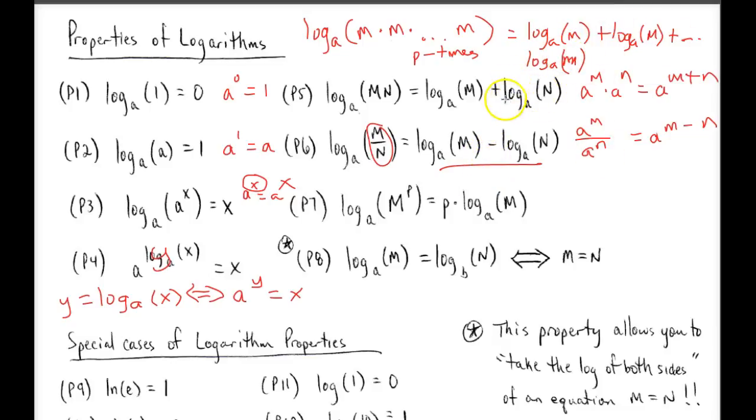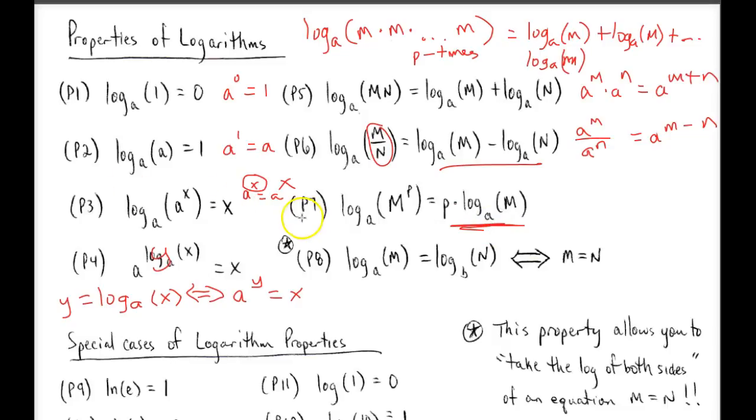We know the definition of multiplication is just repetitive addition. So if we're adding log base a of m to itself p times, then that ends up being p times log base a of m. So that's where that actually comes from.